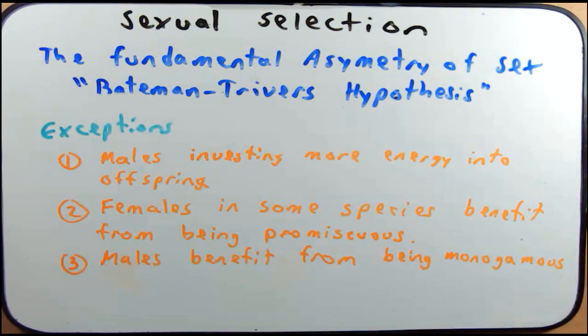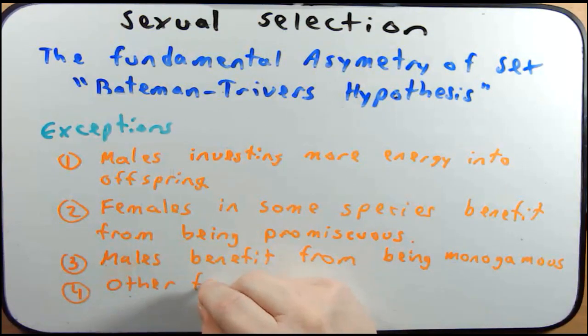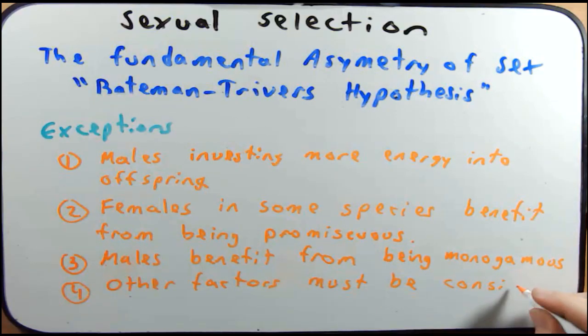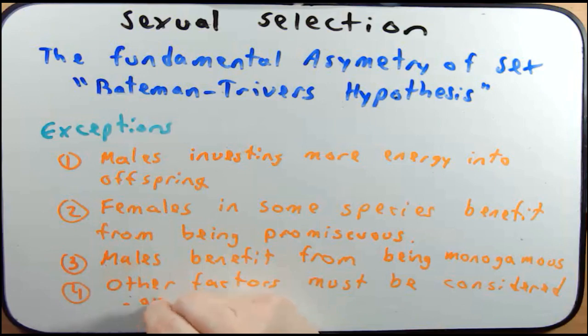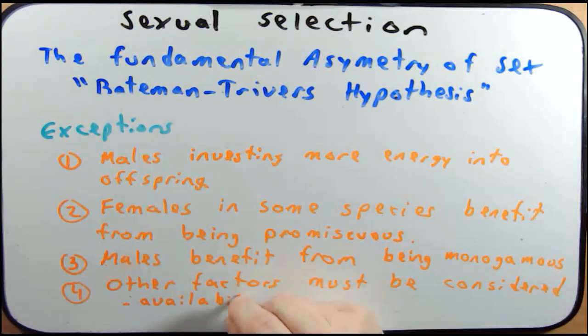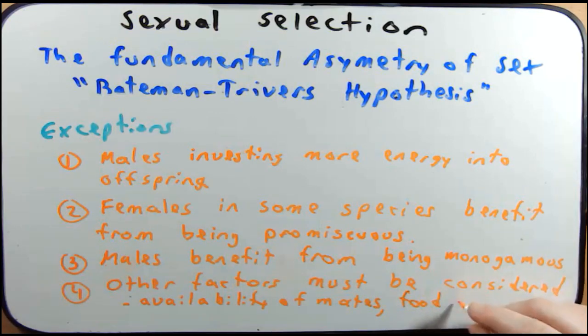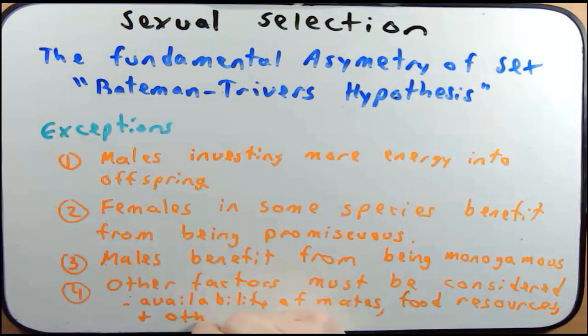That is, having a single sexual partner. Other factors also have to be considered. Things like availability of mates, food resources, and other factors.